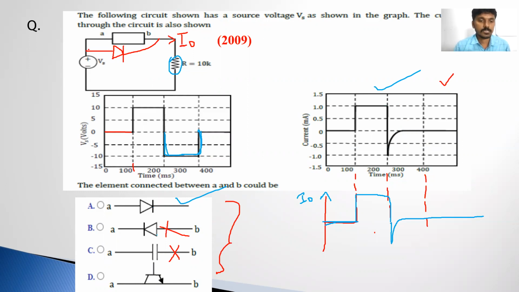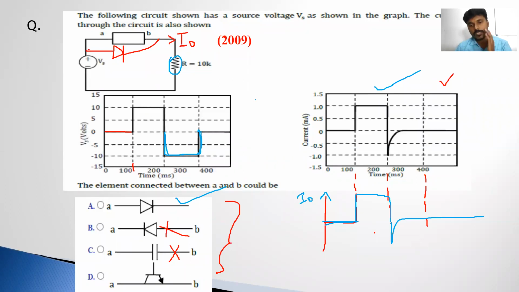So here, why can't we connect a transistor? Because a transistor requires base current. The transistor requires another supply voltage for the base circuit, the base-emitter circuit, gate-emitter circuit, whatever. Here he has not given any base supply.